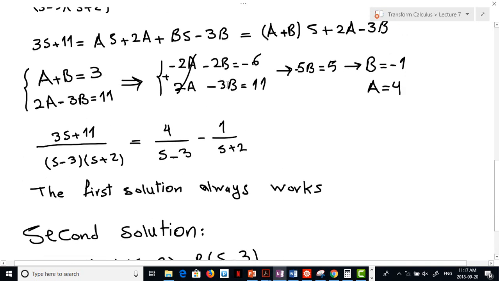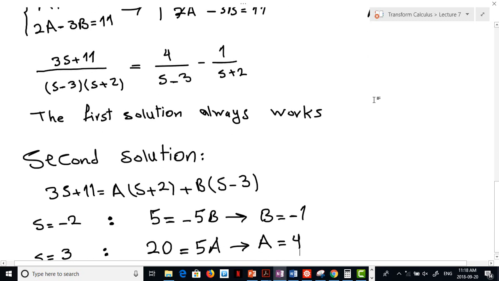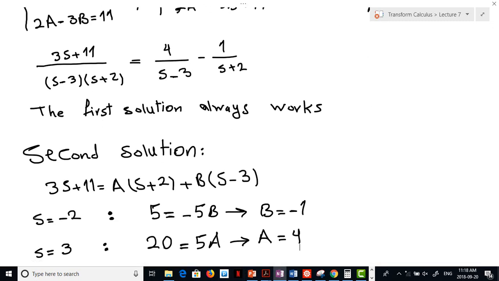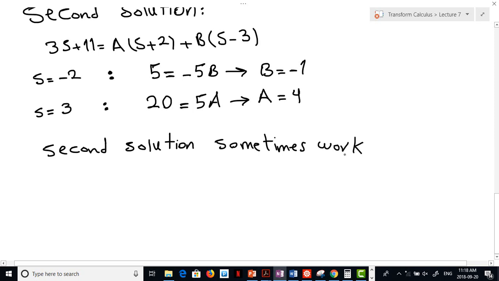So we could end up with the same A and B. In the past, using the first solution, we found B is equal to minus 1 and A is equal to 4. Here we found the same result. But this solution sometimes works. So second solution sometimes works.